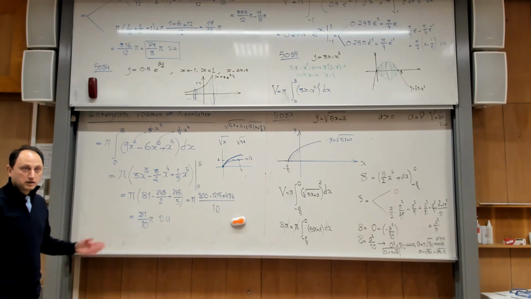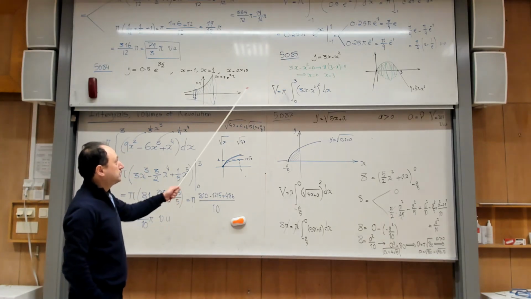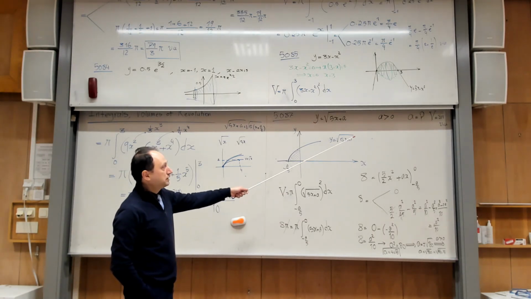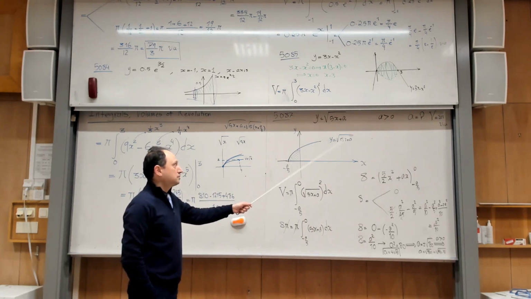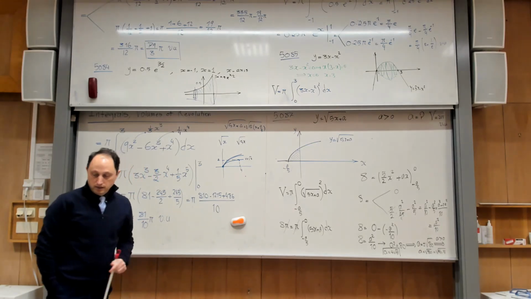Yes, is that understandable? This is a little bit of an indirect problem, because in all the problems, they give you the function, and they ask you to calculate the volume. Here they have given you the volume, and you are supposed to find your function somehow. That is a little bit of an indirect problem.